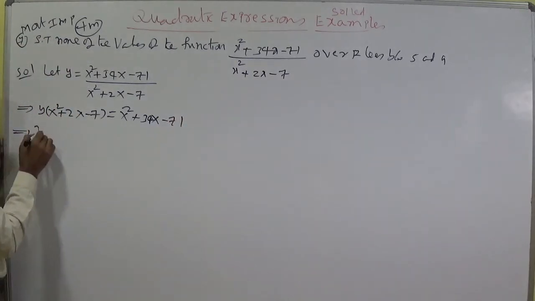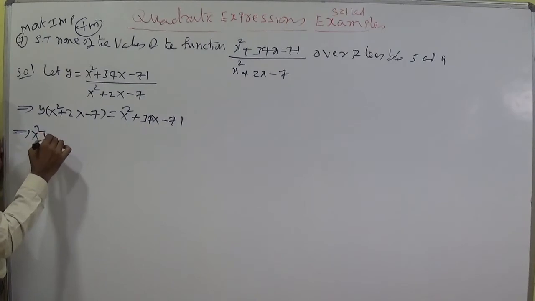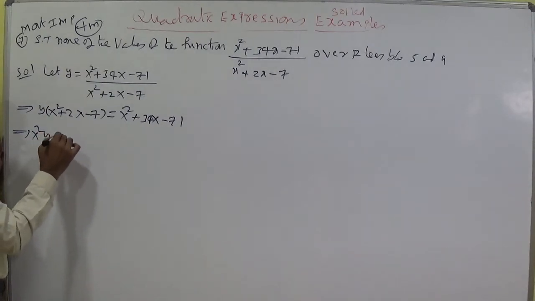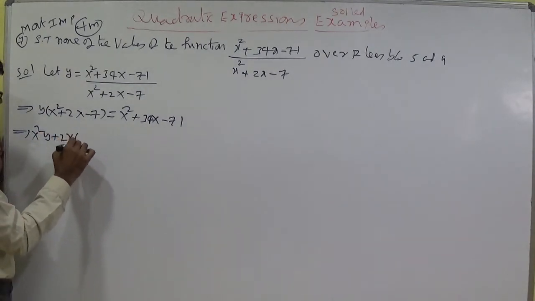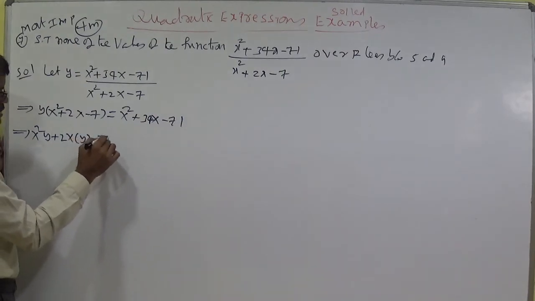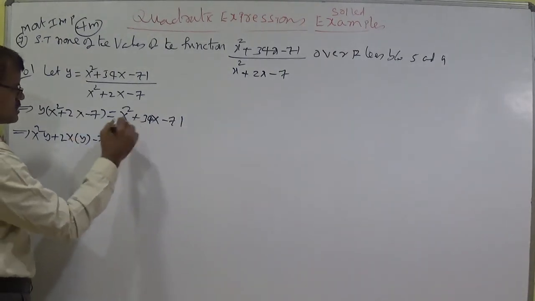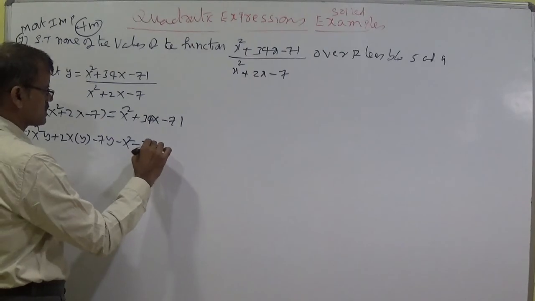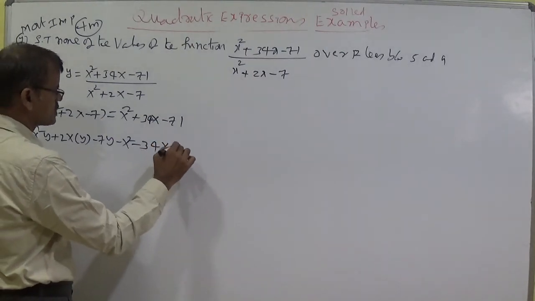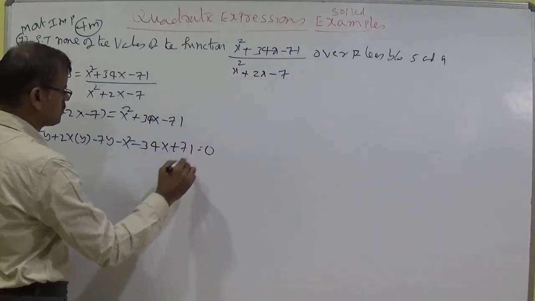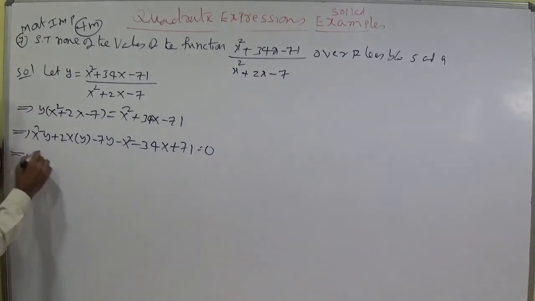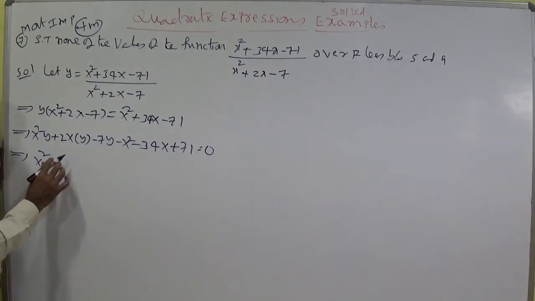That implies we multiply this y with x square: x square y plus 2x into y minus 7y, minus, taking this side, x square minus 34x plus 71 equal to 0. That implies now we should write this function in a quadratic manner.